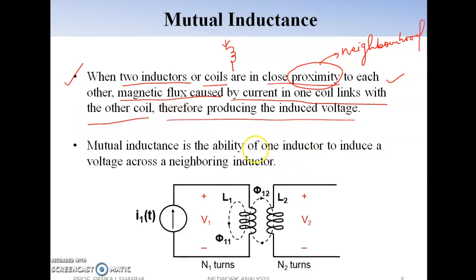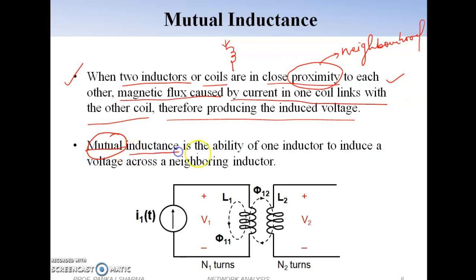It means what? The effect going on in one circuit causes an effect in another one. Okay, that is why it is called mutual.